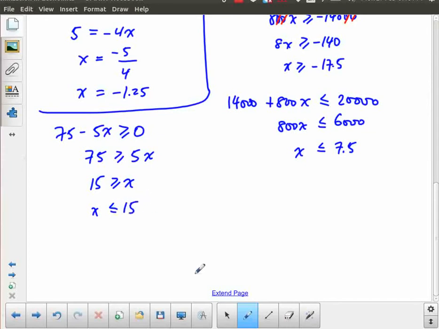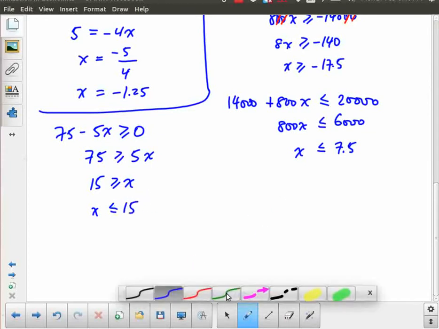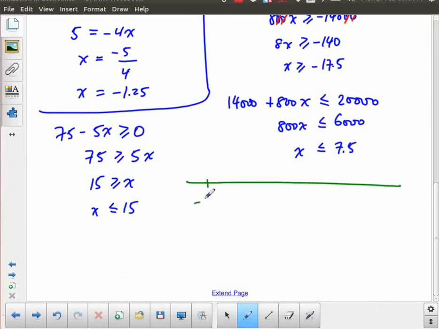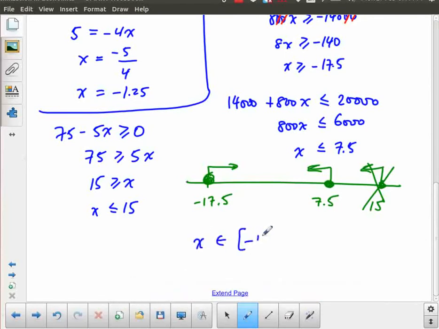Now, when we take a look at the boundaries we have here on a number line, I've got negative 17.5. I have to be greater than that, so greater than or equal to that. And then I've got 7.5 and I've got 15. Well, based on that, obviously this one doesn't matter. These two are the ones that matter. And so I end up with my domain is x member of negative 17.5 up to 7.5.